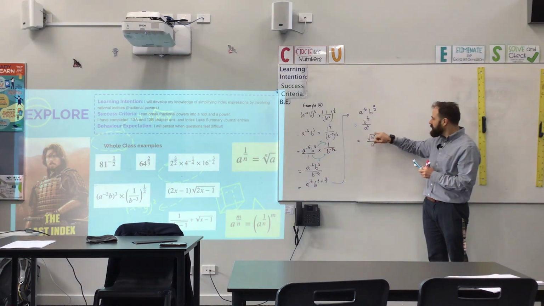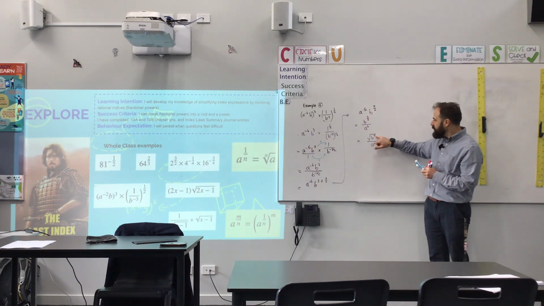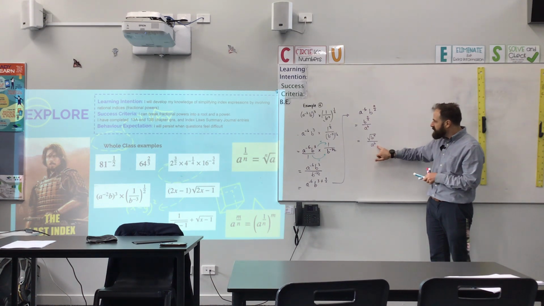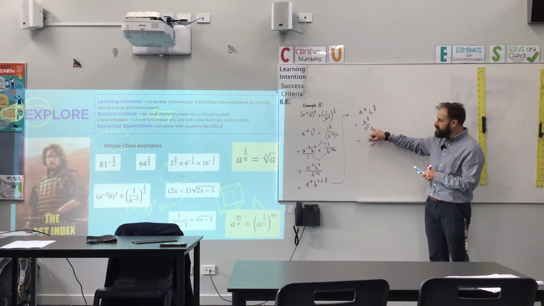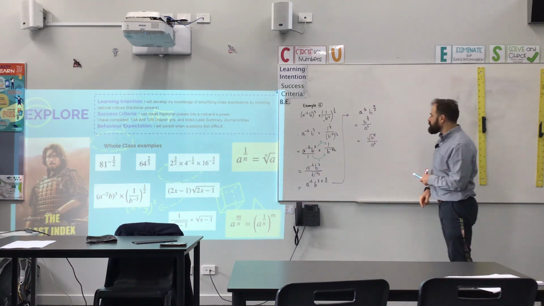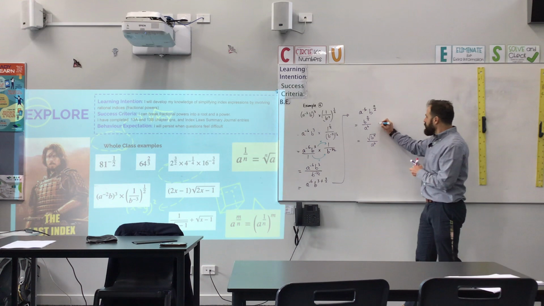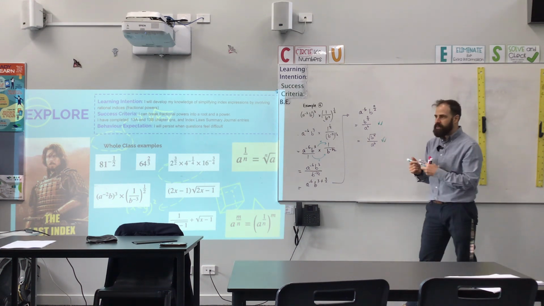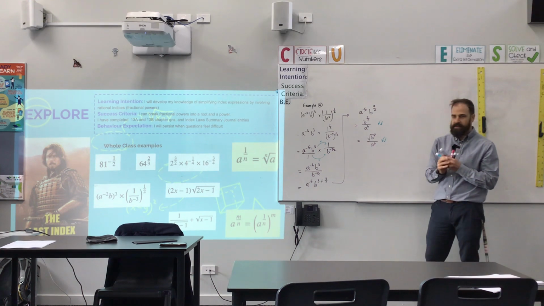Then the numerator becomes b to the power of 9. So there's my numerator. The square root is from the denominator of 2. And then the a to the power of 6 is just the same as it was before. So that's using this rule down here. Completely fine. Also a possibility.